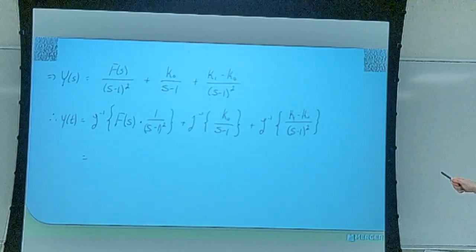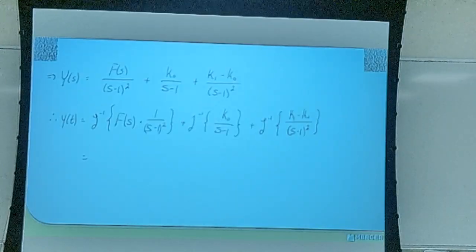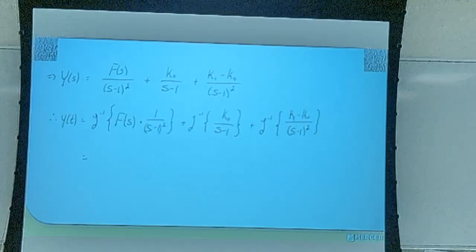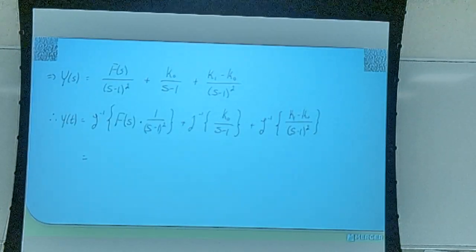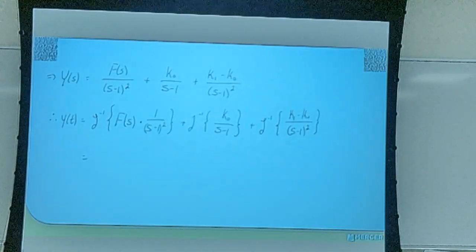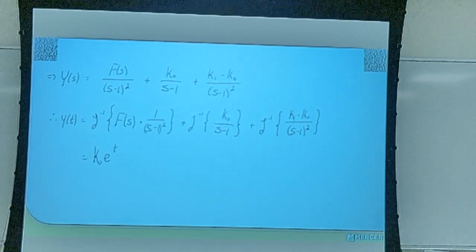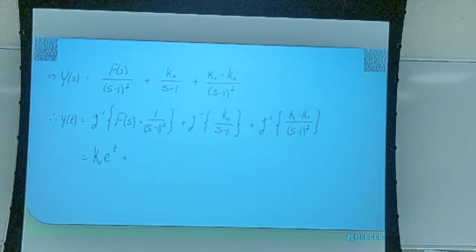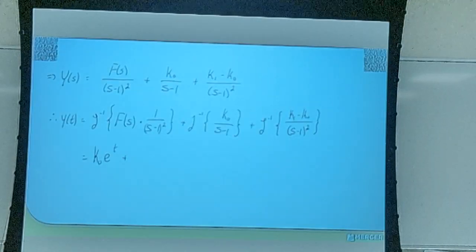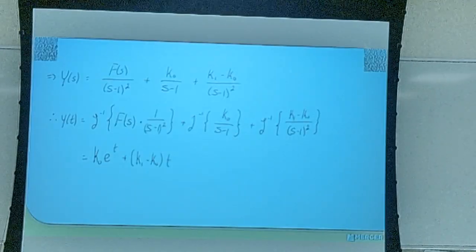Start with that middle one. What is that transform? K naught e to the t. What about the second? K1 minus K naught all times e to the t.